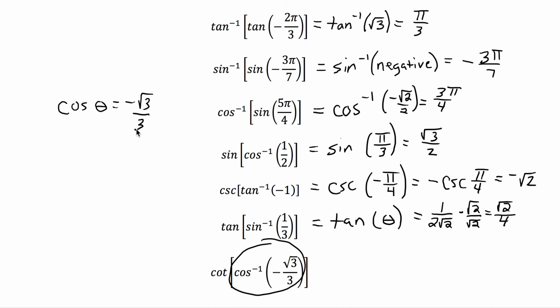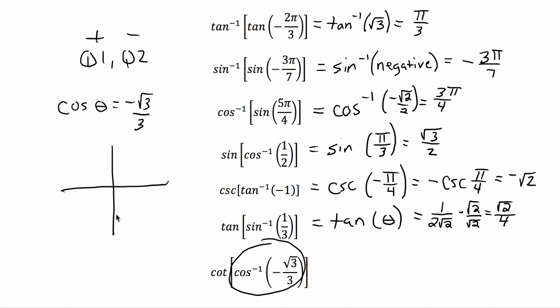Now, that's a little tricky because that is a memorized value if we were talking about a tangent or a cotangent, but it is not a memorized value for a cosine. All right, so I know that on an inverse cosine, I'm limited to quadrants 1 or 2. Since this thing is negative, we're going to need to draw an angle in quadrant 2.